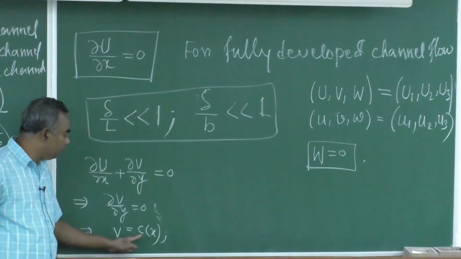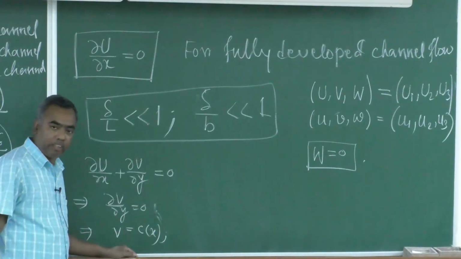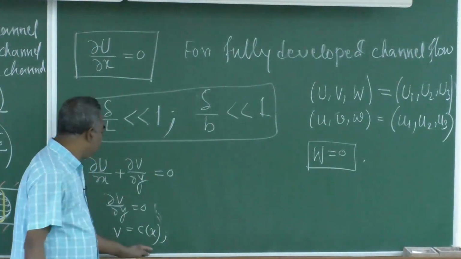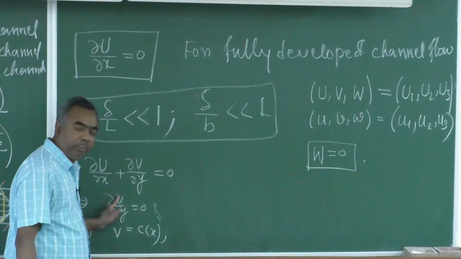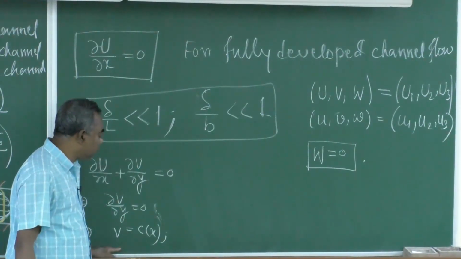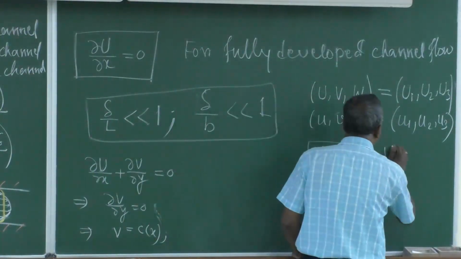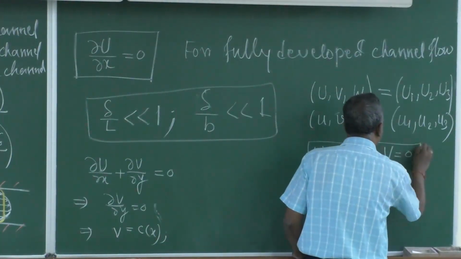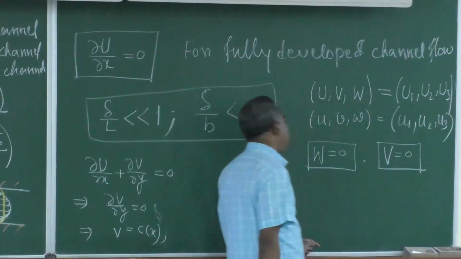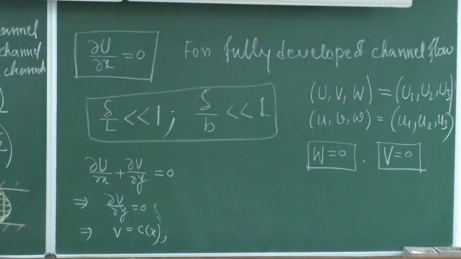If it is 0 at the wall, then it has to be 0 all through, because v does not change with y. So, if it is 0 at the wall, v has to be 0 everywhere. That means for this particular case the mean velocity v is also equal to 0. We should keep this in mind.